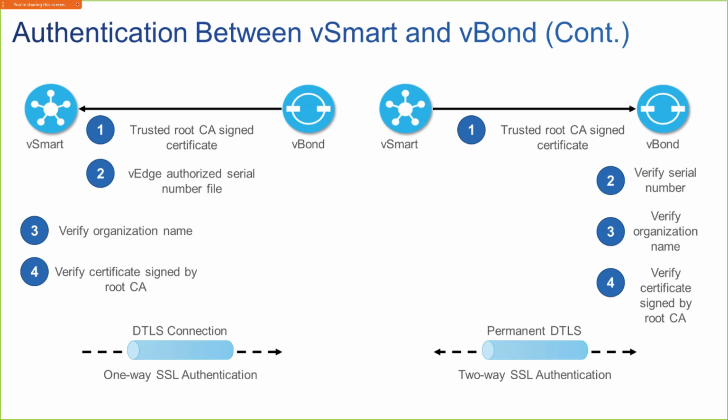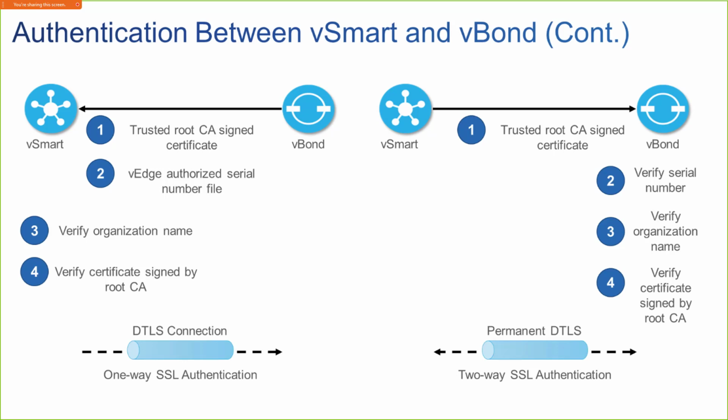For the vSmart controllers, when you receive a signed certificate, you need to extract the serial number from the certificate and then put those serial numbers into a single text file. There's a specific format for that file, and you can download that as a template as well. And then you would have each one of those serial numbers listed in an individual line.